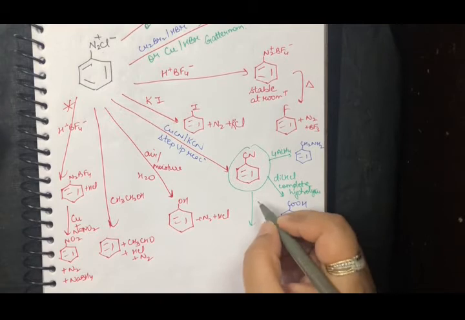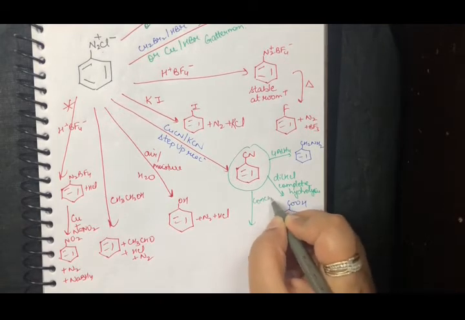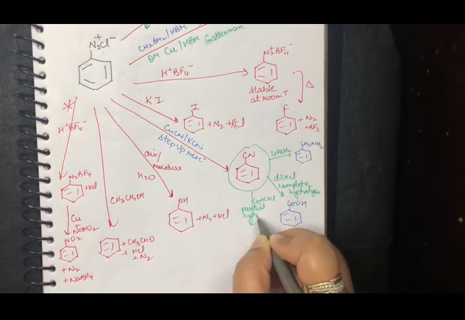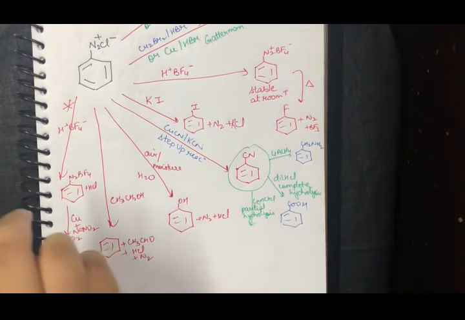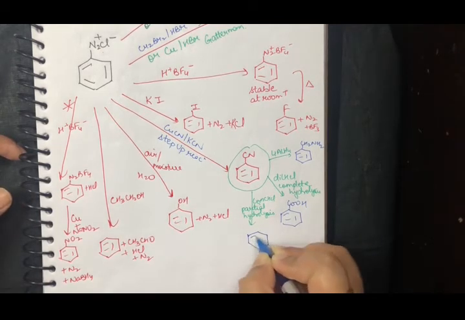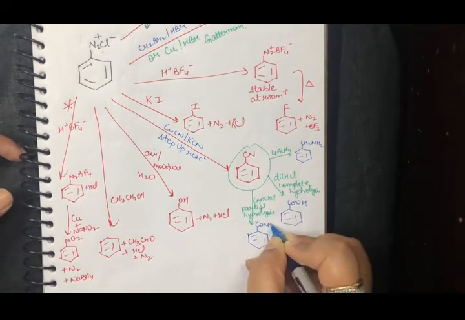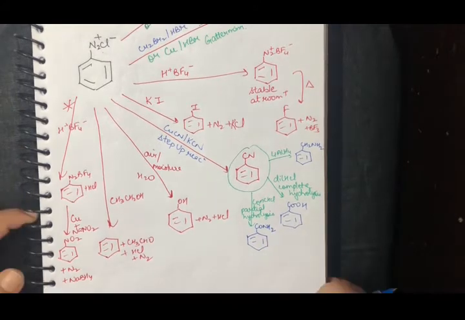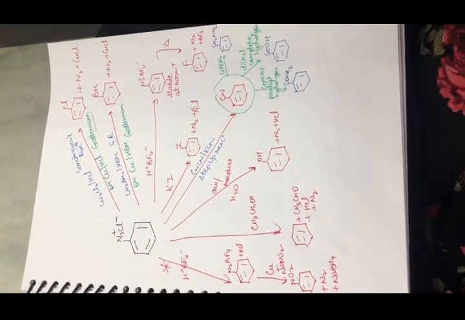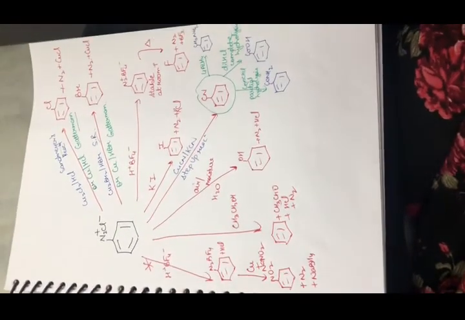Now if you add conc HCl, that means it is partial hydrolysis, you will get amide. So ultimately, if you see, you have got so many reactions happening from just one compound, that is benzene diazonium chloride.